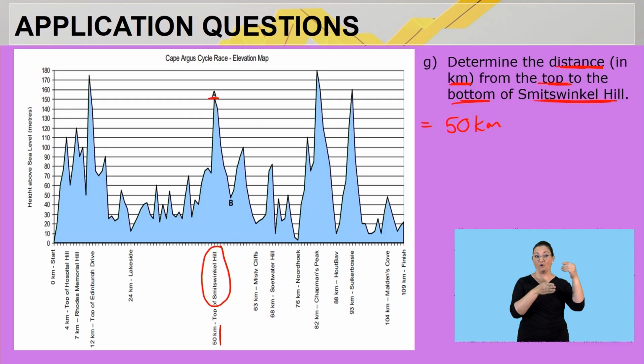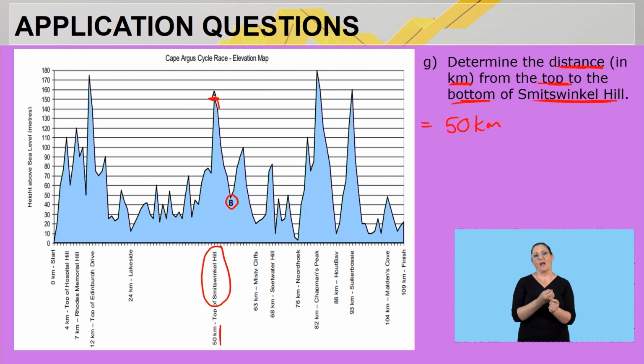Then it's going to drop to here, B. So we want to know, determine the distance this time in kilometers from the top to the bottom. So from here to there. So actually, what's the space it will take for when they decline? That's actually what we are looking at. So how many kilometers will that decline cover?